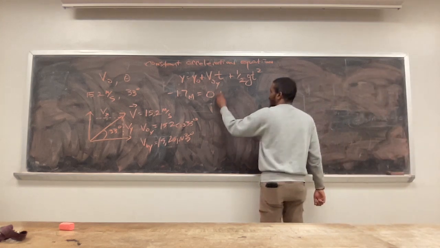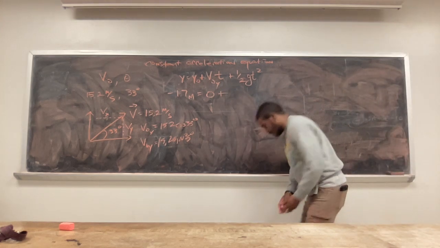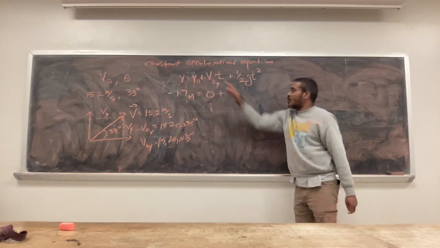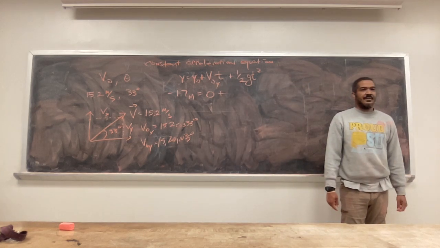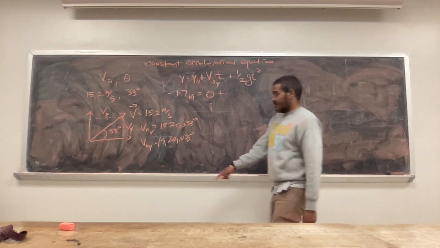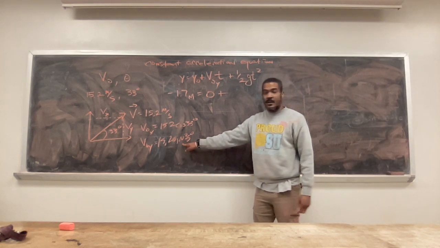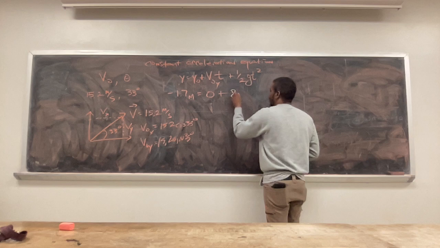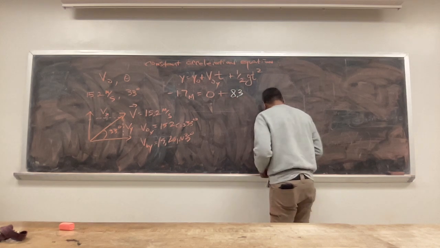So now I come here and I add what? V naught in the y. What is V naught in the y? 8.3. Okay, so I got 8.3 here.